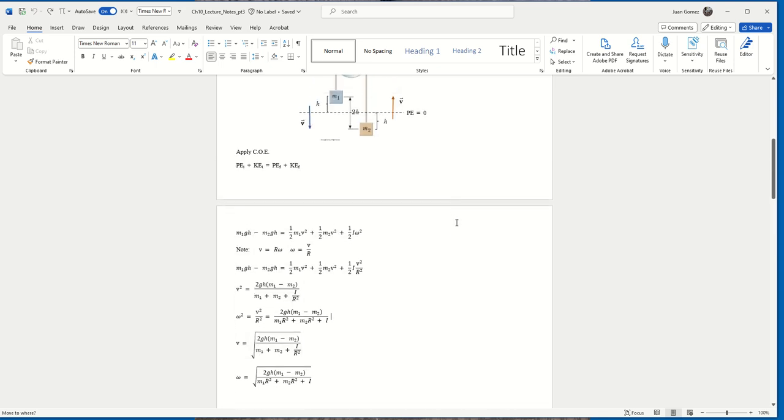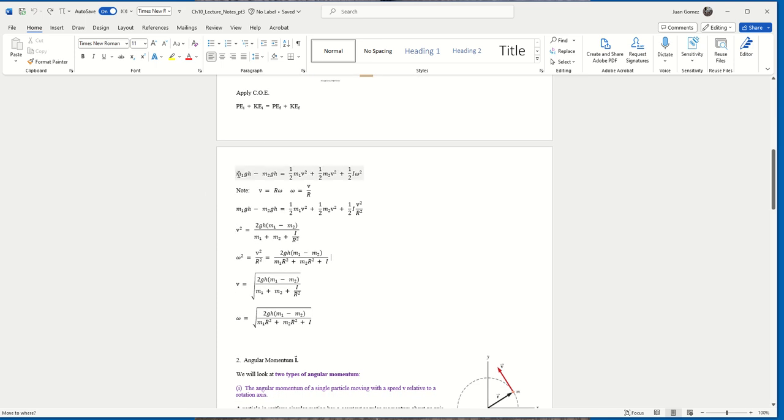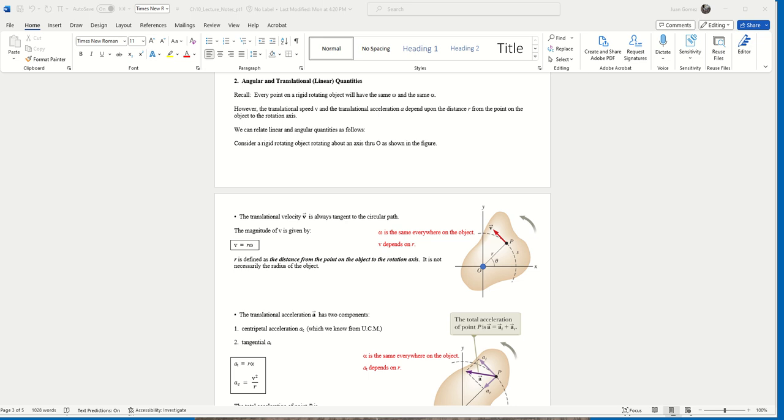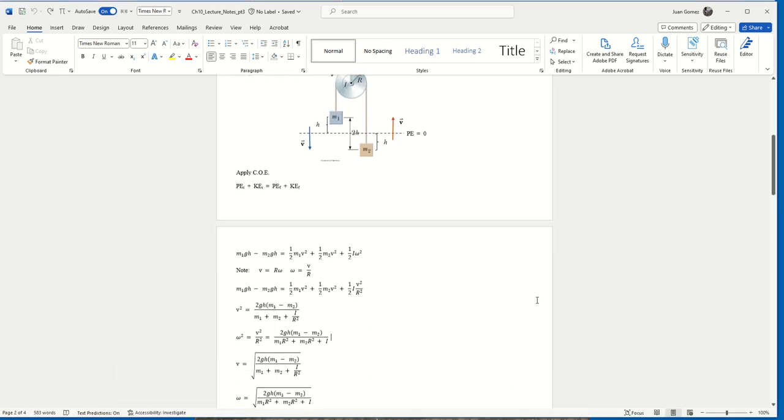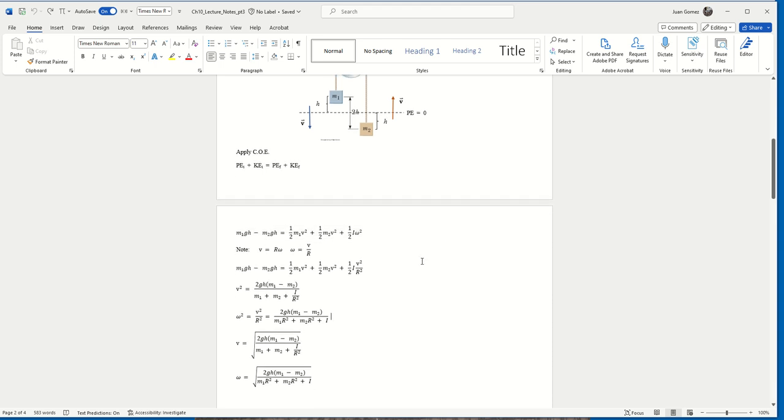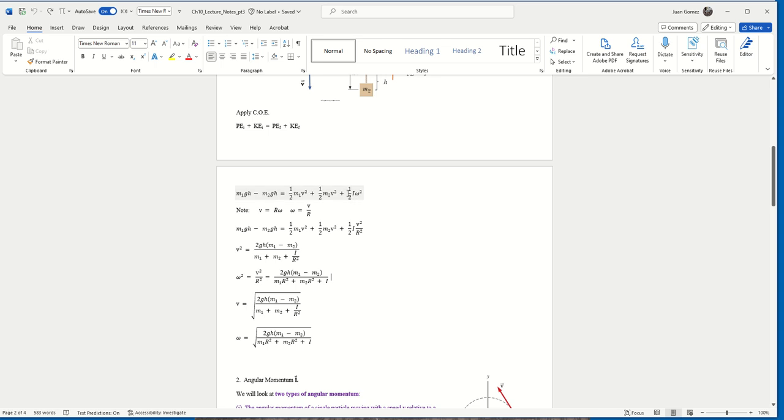Let me pause for a second. What I did is I have my conservation of energy equation, then I want v, so I need to write omega in terms of v.